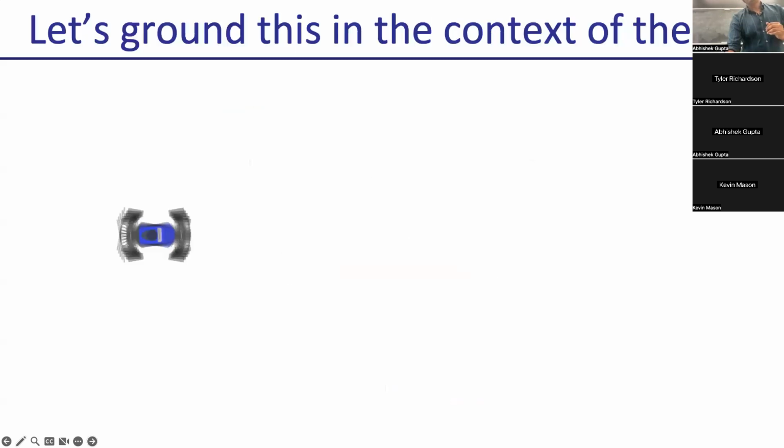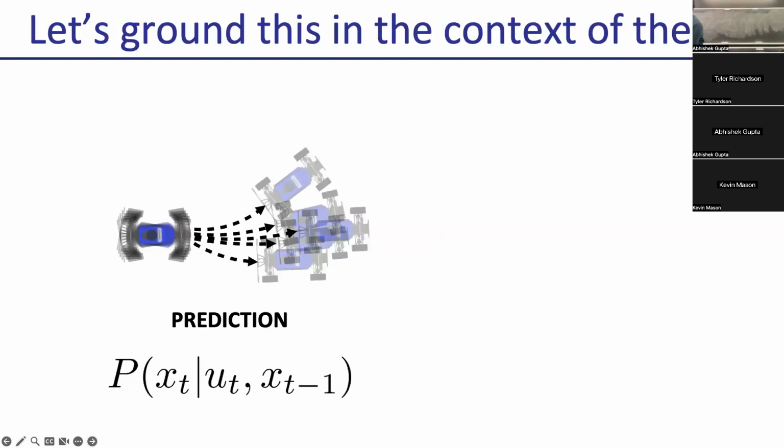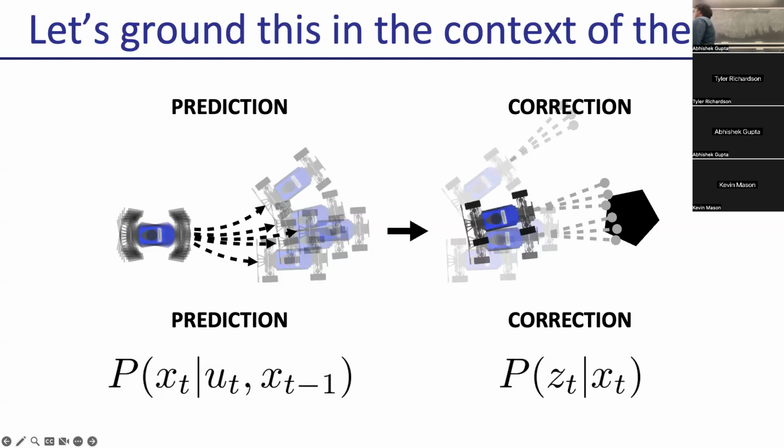Okay. So in the context of our car, we're going to have a race car. At any point in time, it's going to move to a new state. Because there's uncertainty in the race car, initially the race car could have been in some set of places. When you move, there will be additional uncertainty, so the set of places is bigger, and that's going to be your prediction step. Then you have a correction step.